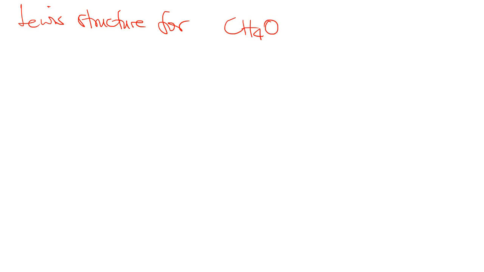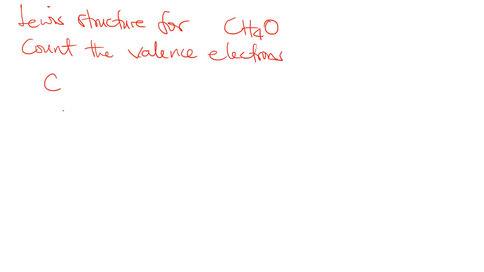So for this one, count the valence electrons. We have carbon here with 4 valence electrons, and we have 4 hydrogens with 4 times 1 valence electrons, and then we have 1 oxygen which has 6 valence electrons.